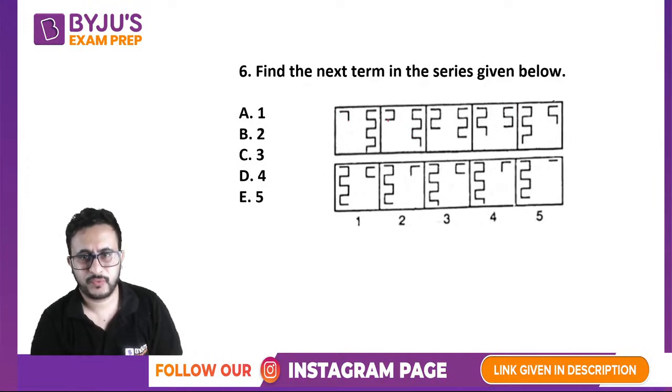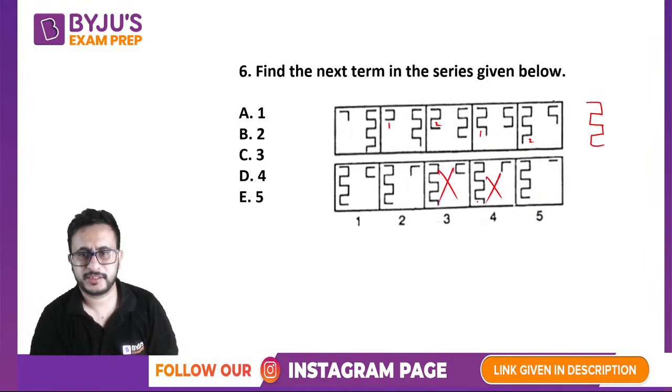So this was one added here. Then addition of two hands, then one hand added here, then two hands added here. So in the next image one more hand should be added. So it will become like this.